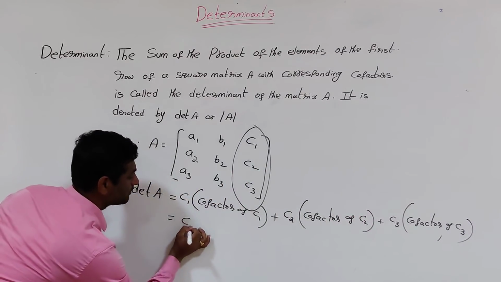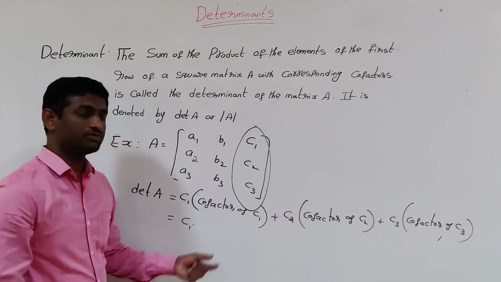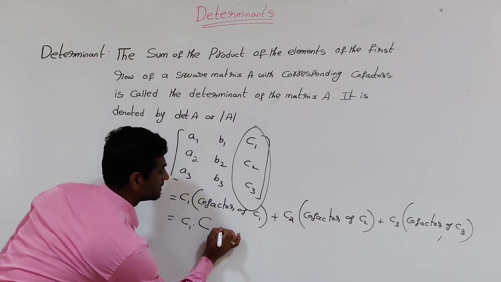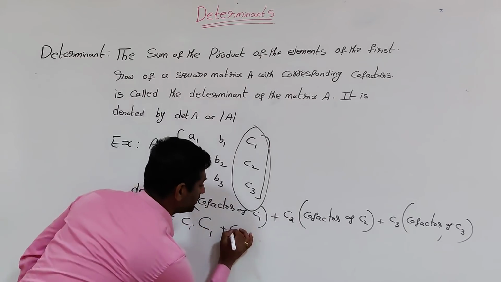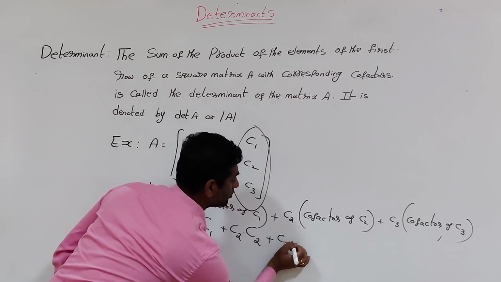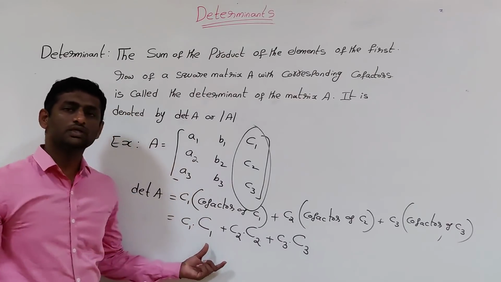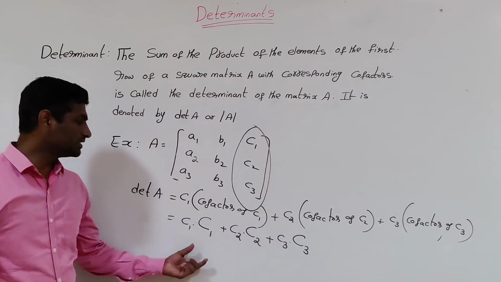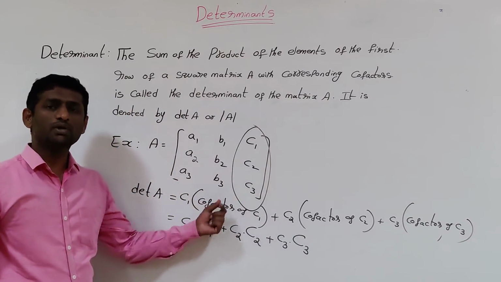That is C1 into the cofactor of C1 is denoted by capital C1 plus C2 into capital C2 plus C3 into capital C3. This gives the definition, or this gives the determinant of the square matrix of 3 by 3.